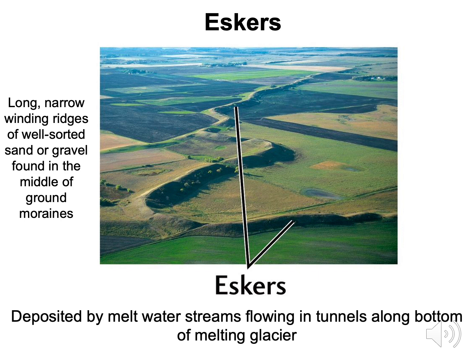They form as a result of meltwater streams that flow in tunnels at the bottom of a glacier. So the meltwater streams are going to move meltwater away from this glacier. And so that's why we see that they're more well sorted, because they are being transported by the meltwater associated with the glacier, rather than just being transported by the ice.